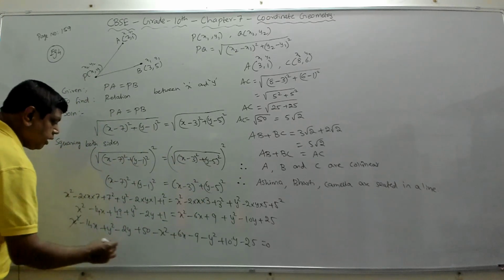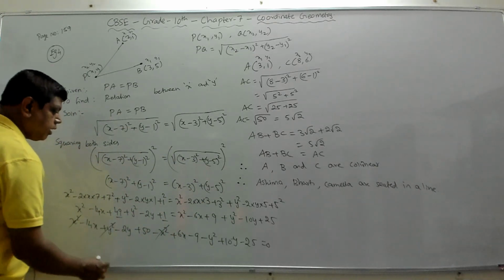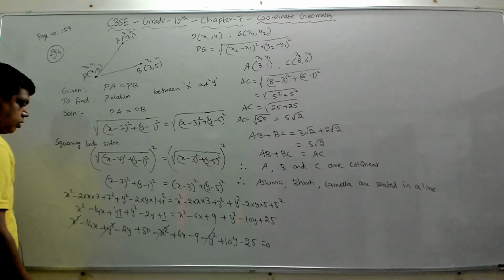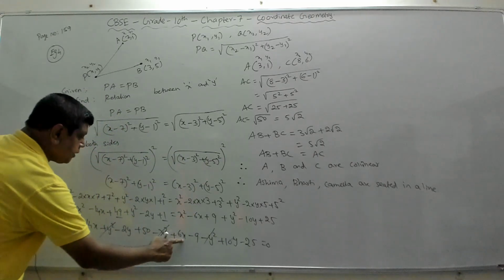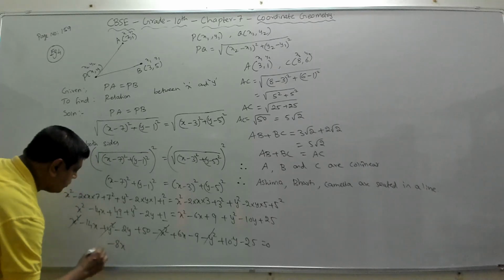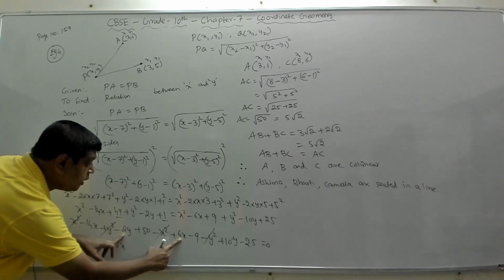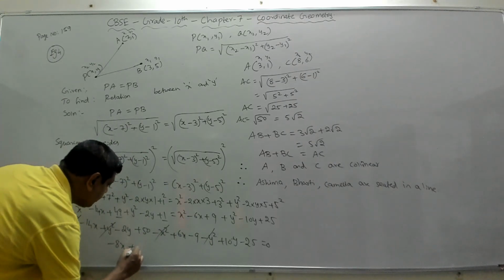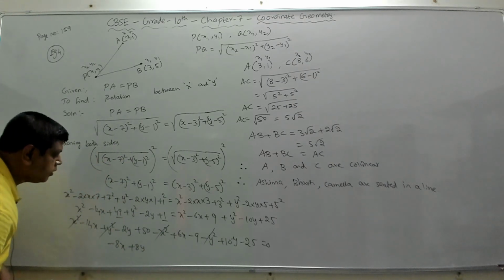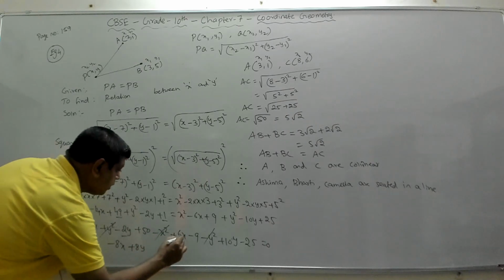Now x square minus x square got cancelled, y square minus y square got cancelled. So now we got minus 14x plus 6x is minus 8x. Then minus 2y plus 10y will give you plus 8y. So this is done, this is done.